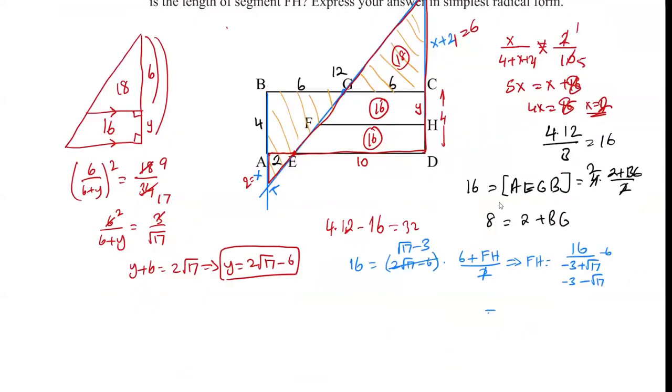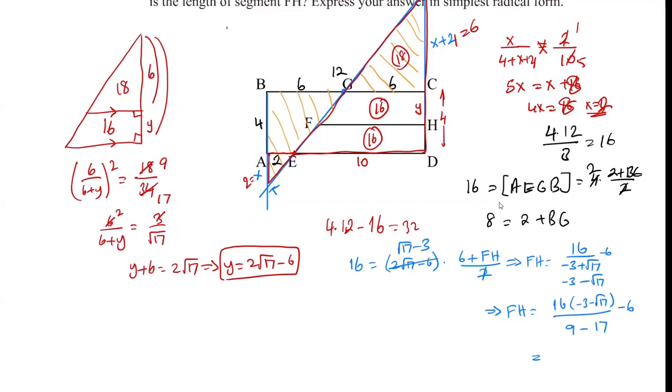So let's check and see. FH is equal to 16 times negative 3 minus root 17 over, if you multiply negative 3 plus root 17 and negative 3 minus root 17, you will get 9 minus 17, and then we have minus 6 after.